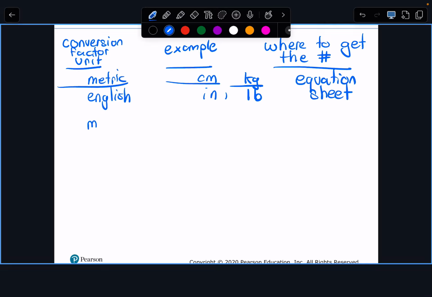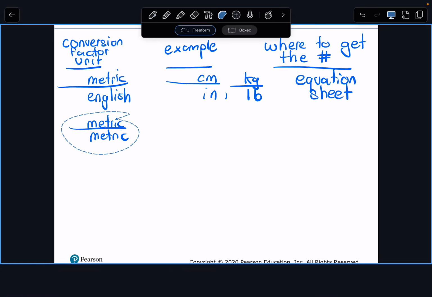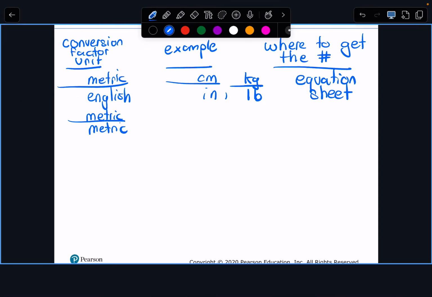We also did metric to metric conversions. So this would be maybe grams to milligrams or meters to nanometers. And those ones you were supposed to memorize the prefixes. If you don't know how to do that, like use those memorized things, it's time to learn.